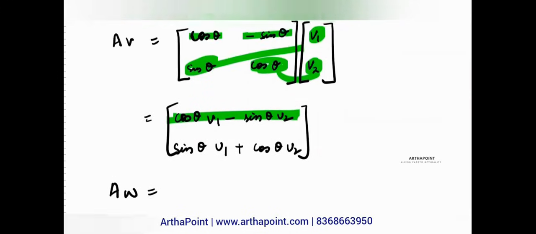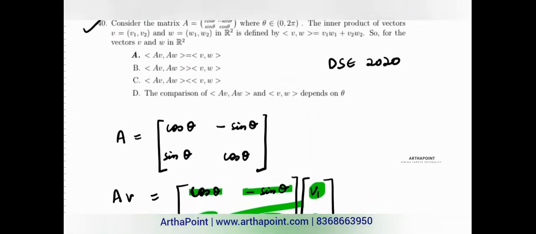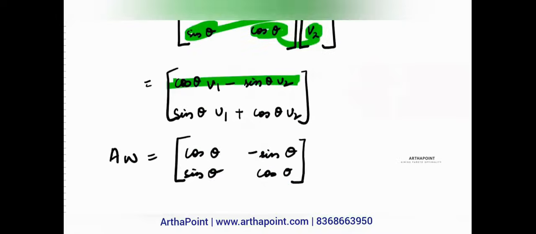Now, it says find AW. So I'll again take my A, which is cos theta, minus sin theta, sin theta, cos theta, and I will go ahead and multiply this with W. So my W will be W1, W2.